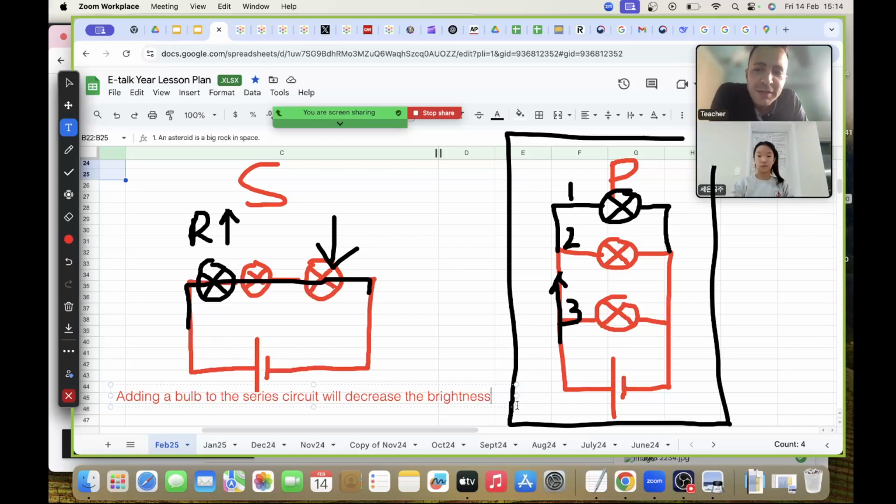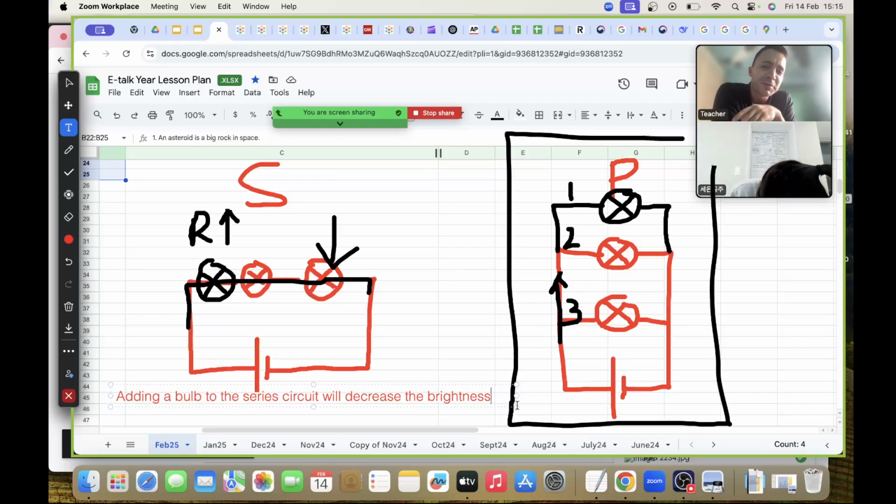Okay, now can you make a similar sentence about the parallel? Adding a bulb to the parallel circuit will stay the same in the brightness. Yes, correct.